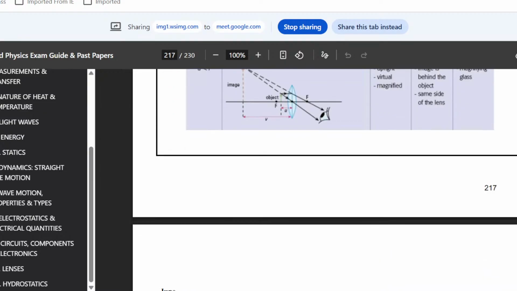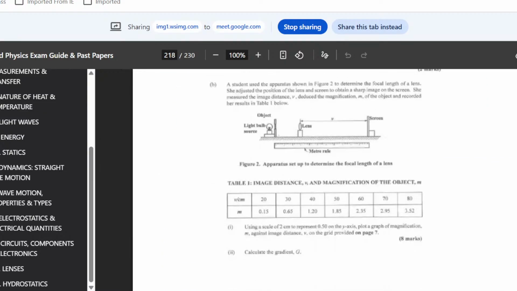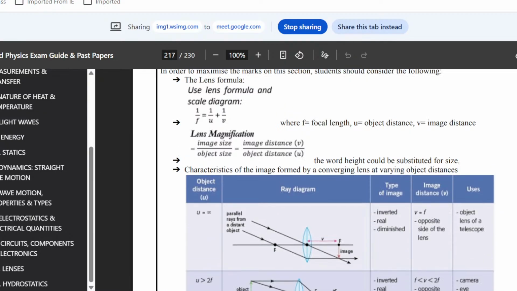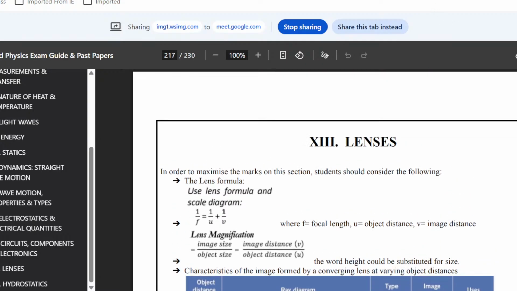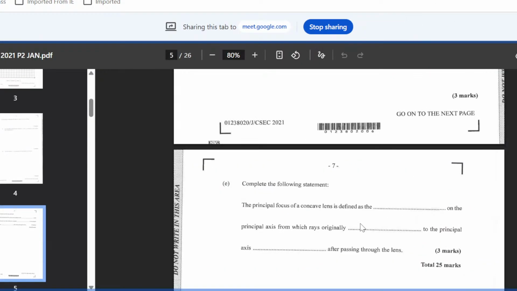No, it doesn't look so. Alright, so on the second line is really originally parallel.